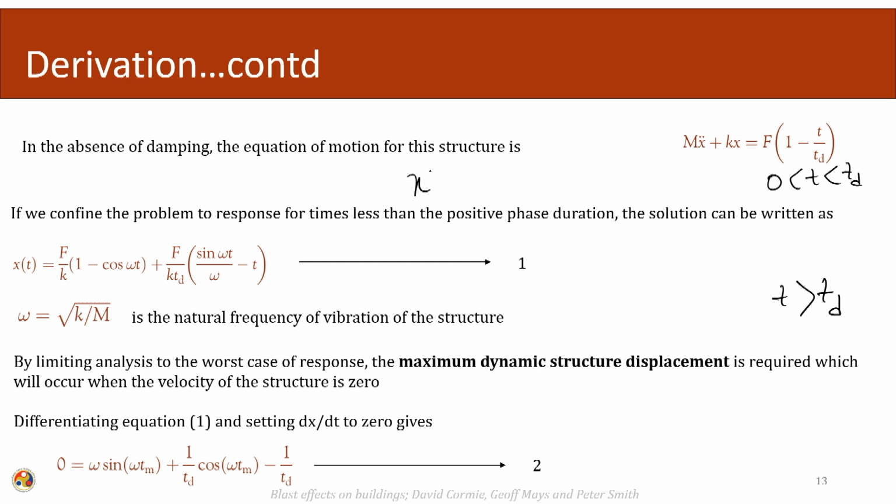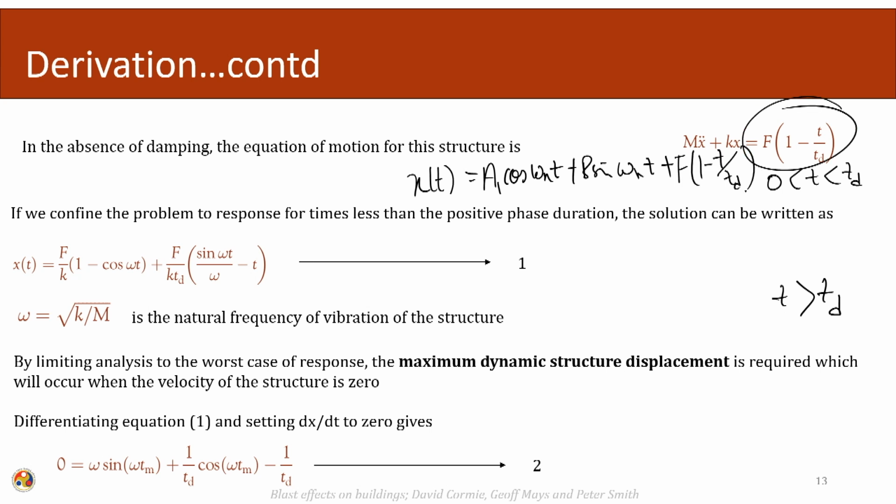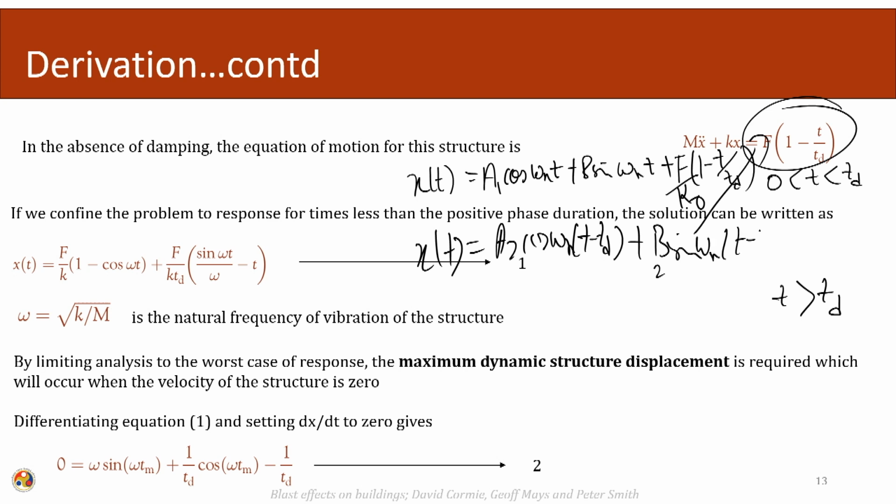So, the first part will have a1 cos omega n t plus b1 sin omega n t plus the t over Td by k, times F naught. And the second part will be when the load is being removed: a2 cos omega n (t minus Td) plus b2 sin omega n (t minus Td).